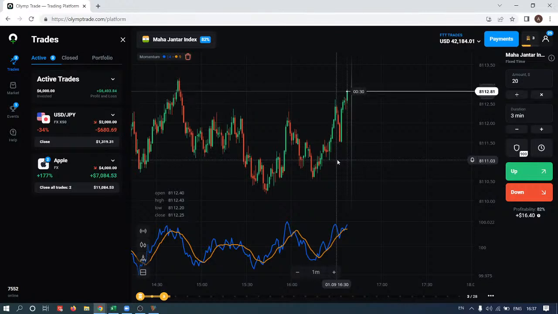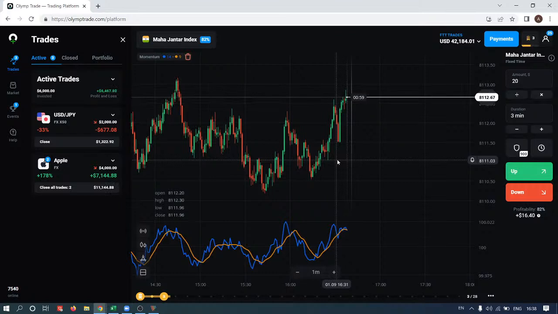But once again, don't use too much money in every trade, especially when you are testing a new strategy. Maybe you can even switch to a demo account, but I don't really recommend that because trading on a demo account is very different emotion-wise. So you don't develop the tough skin of a trader, which you should be developing. So trade on a real account with little amounts of money. Try this strategy, find something that works for you.